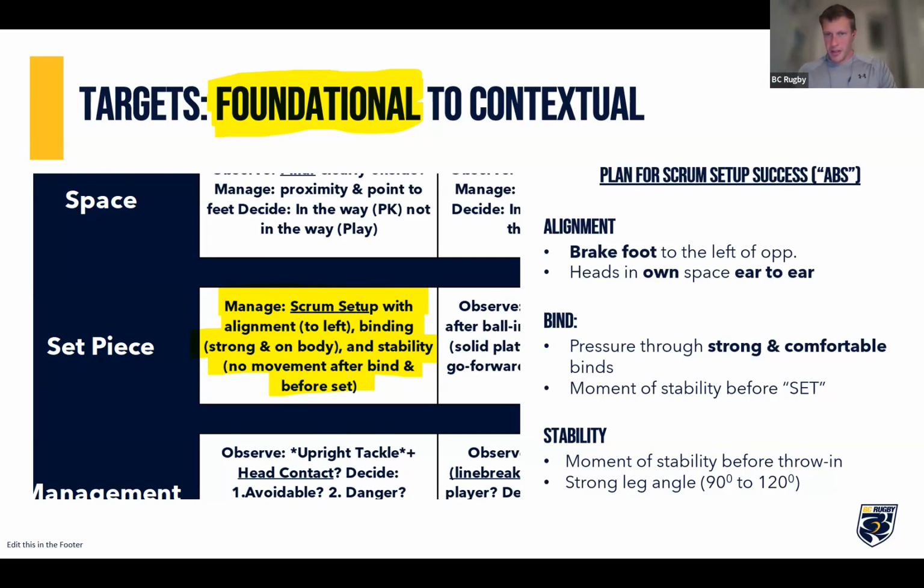But effectively, what we want to be able to do is create that stability throughout the process so that once the ball's introduced, the teams have an equitable opportunity to see who can push better, which is at the core of what a scrum is. So if we move on to that bind phase, we're looking for that moment of stability.